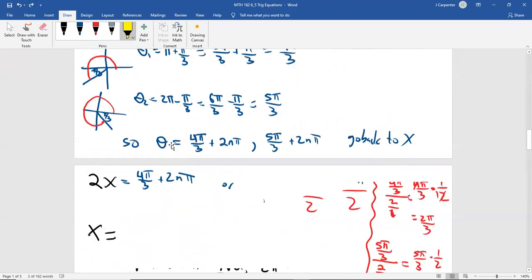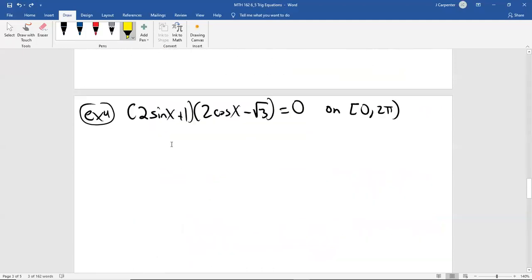And when you have a factored equation, you set each factor equal to 0. Well, I gave this to you pre-factored, so that's nice. But because it's factored, we follow that zero product rule, which says we can just set each factor equal to 0 on its own. So we can set the 2 sine of x plus 1 equal to 0.